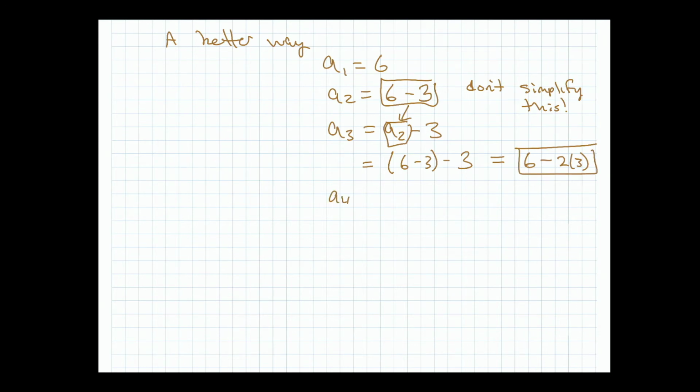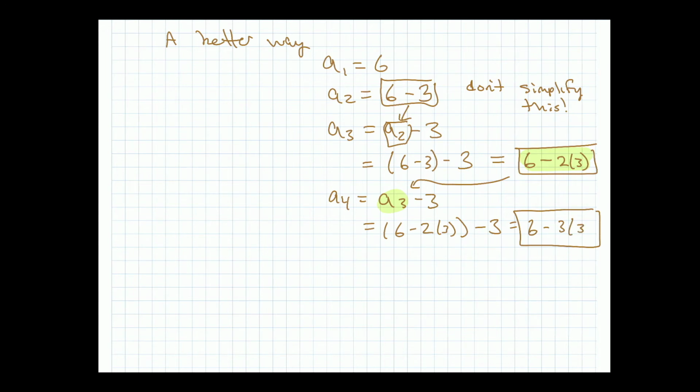And then A4 is A3 minus 3. But you're going to take this and you're going to put it in here. So you're going to have 6 minus 2 times 3 minus 3. But that, with a little bit of effort, is 6 minus 3 times 3, right?